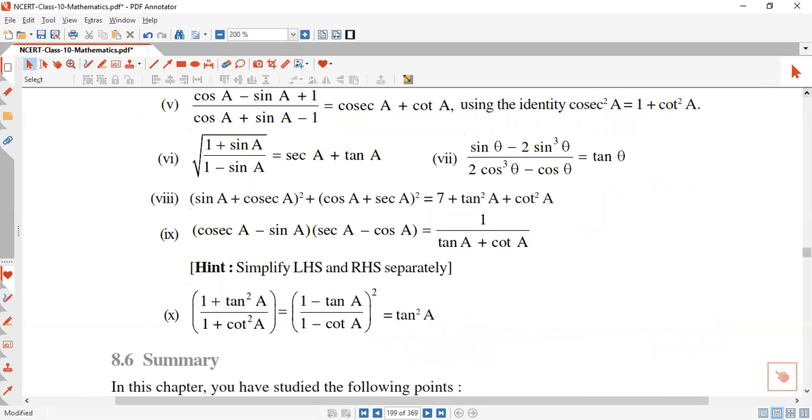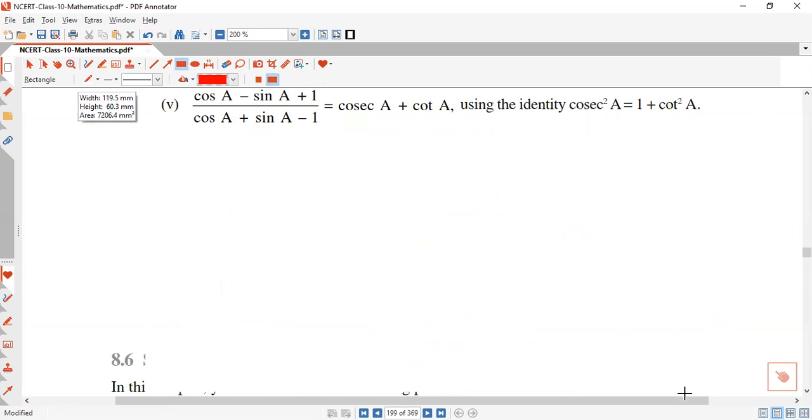Now see question number 5. Cos A minus sin A plus 1 divided by cos A plus sin A minus 1 equals cosec A plus cot A. Using the identity cosec square A equals 1 plus cot square A, we want to use this identity.